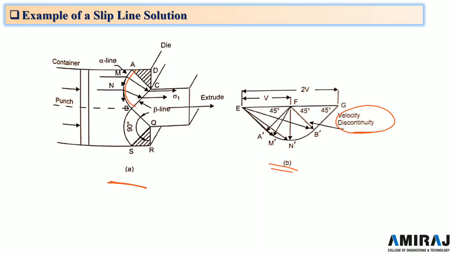The slip lines meet the center axis and the surface of the container at 45 degrees, and the triangular zones ADC and RQS shown in the figure are the dead zones.